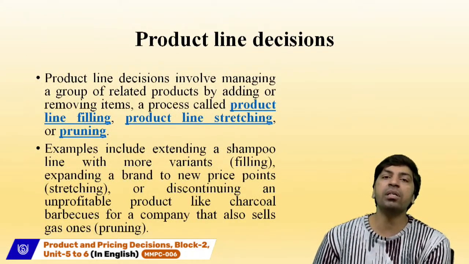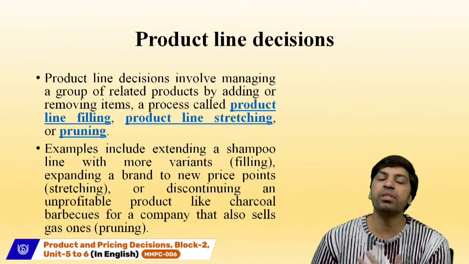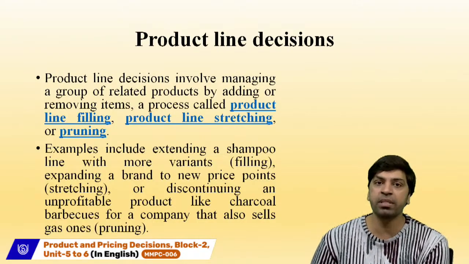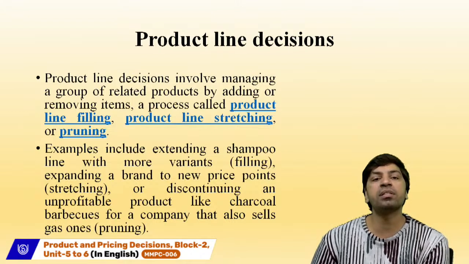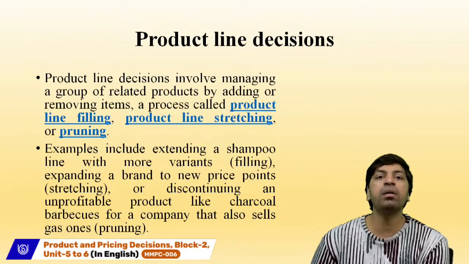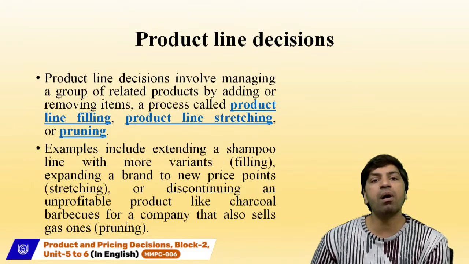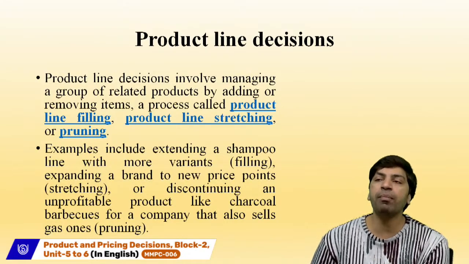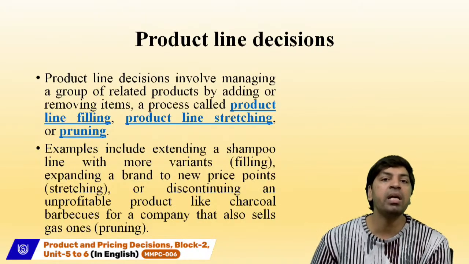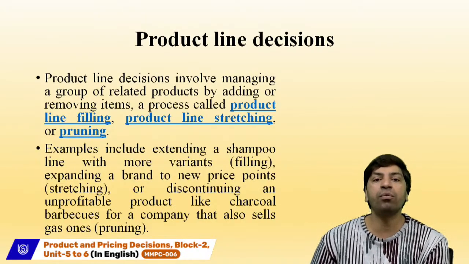The next section is product line decisions. Product line decisions include how a company manages a group of related products by adding or removing items, and such a process is called product line filling, product line stretching, or pruning. For example, extending a shampoo line with more variants is called filling. Expanding a brand to a new price level means stretching.